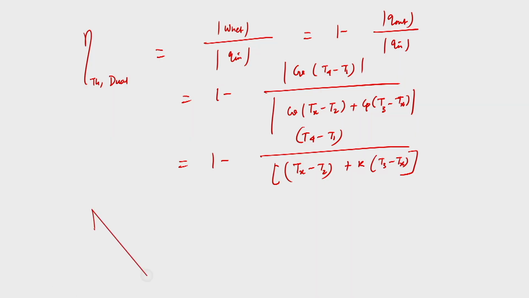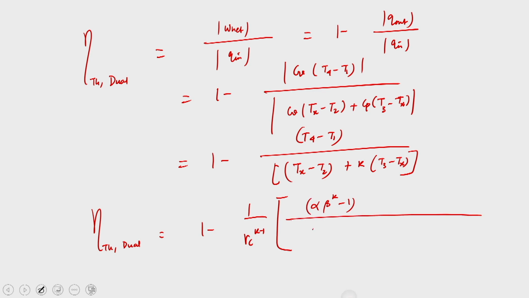The final expression for the thermal efficiency of the dual cycle can be given as 1 minus 1 upon Rc to the power k minus 1, into alpha beta to the power k minus 1 divided by k alpha into beta minus 1 plus alpha minus 1. So, this is the thermal efficiency of the dual cycle.